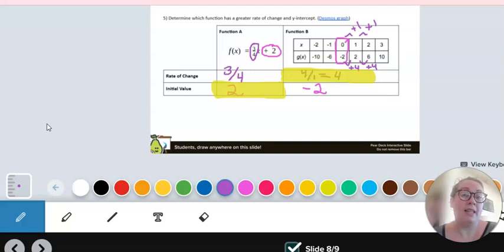So function B has a greater rate of change, but function A has a greater y-intercept. So hopefully you feel a bit more comfortable being able to compare our intercept and our rate of change in different functions using equations, graphs, and tables.